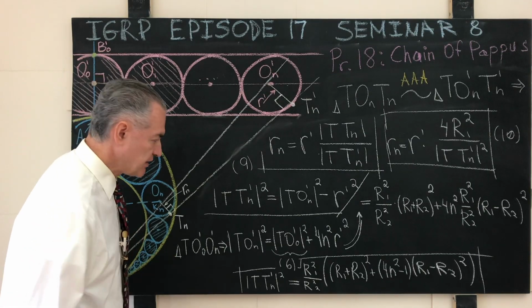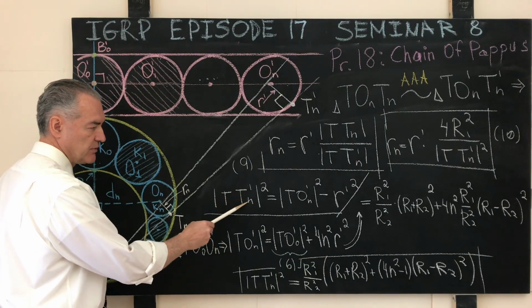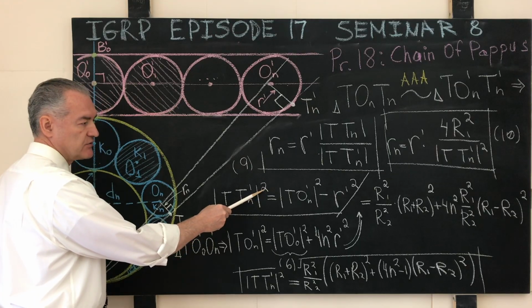And that precisely means that for the distance from the point T to the point T prime n squared, we have the following expression.